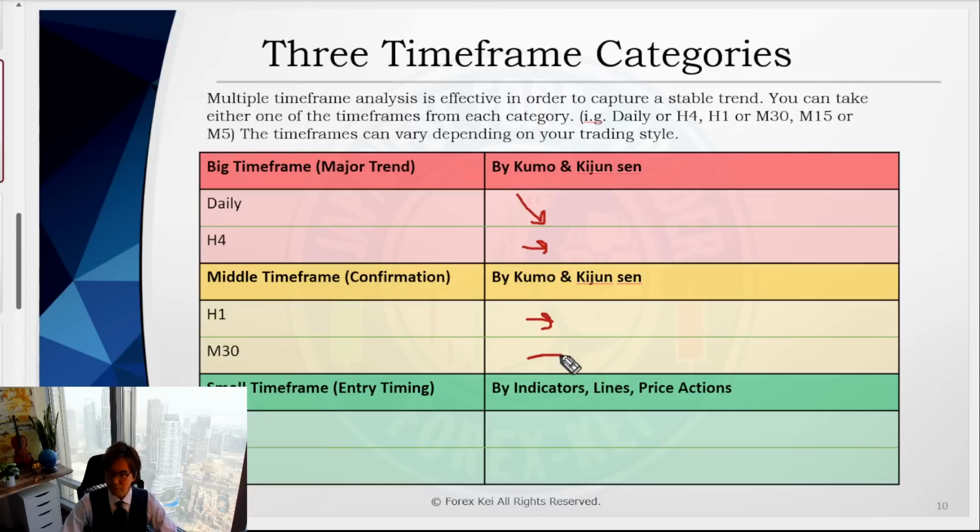In my definition, Kumo and Kijun Sen angle is flat. So we have to wait until either 1 hour or 30 points down to look for the selling edge. And it may take time. It may take a couple of hours or a couple of days for these to happen. In the meantime, you better screen other charts and take other opportunities on other markets like the Euro Swiss franc.